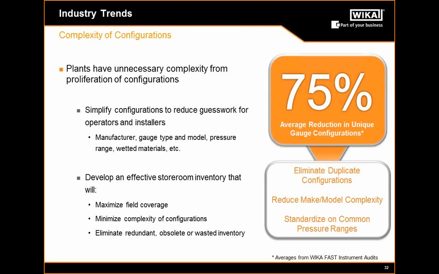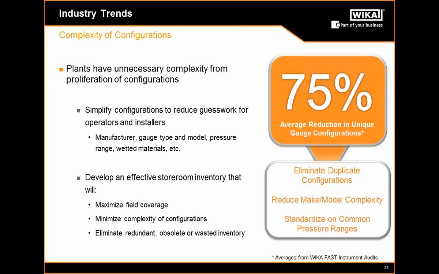Too often, projects have been done and different engineers have been involved, or things have happened that have introduced more gauge complexity to a plant. If you can work on simplifying the configurations in your plant, you'll reduce the guesswork for operators and installers that are out there trying to maintain these gauges.